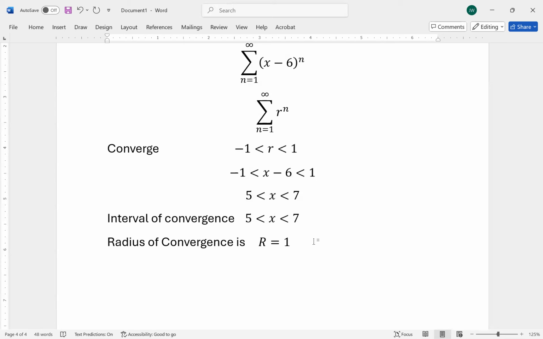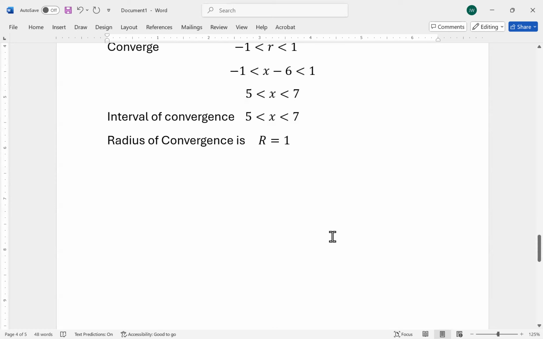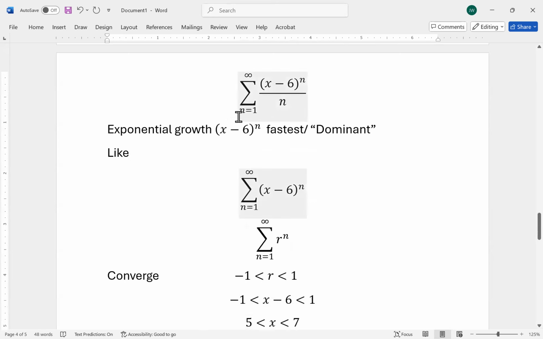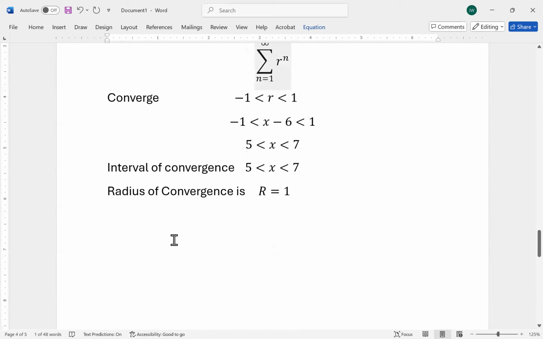Now, here's the weird thing. We know it diverges when x is bigger than 7 and when x is under 5. But at the endpoints, different things could happen. Now, at the endpoints, I have to go all the way back up and remember what my original summation was.